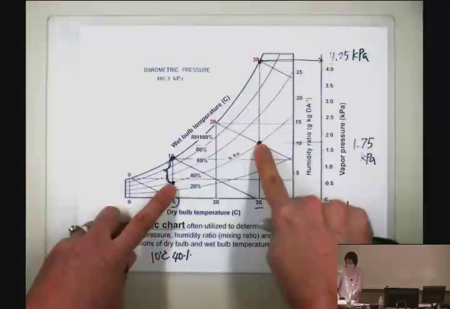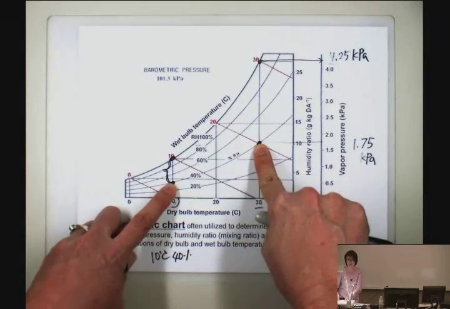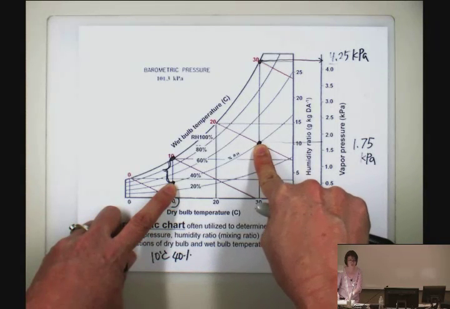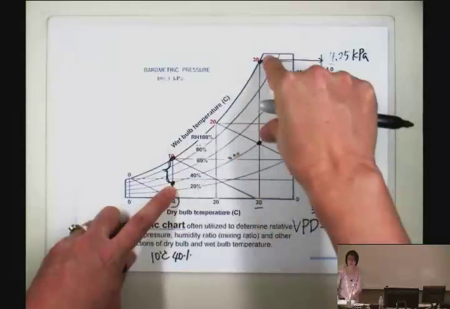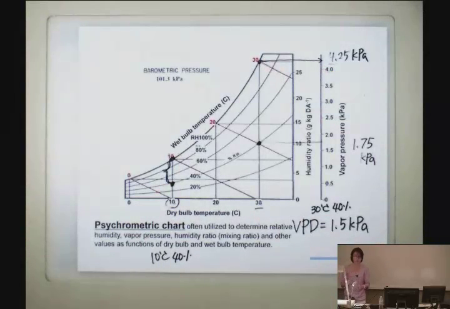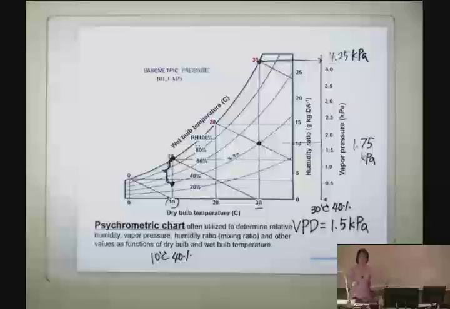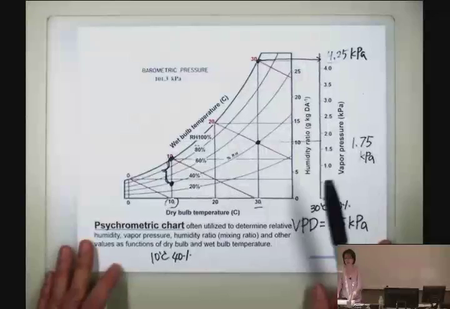The same 40% air humidity-wise, but different temperature, and you see that the vapor pressure deficit is very different. That's why we are not using percent humidity to express the humidity or the dryness of the air. We use VPD to express that, because relative humidity does not correspond to that capacity.